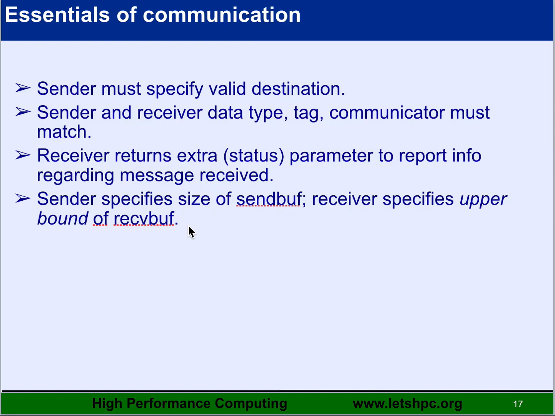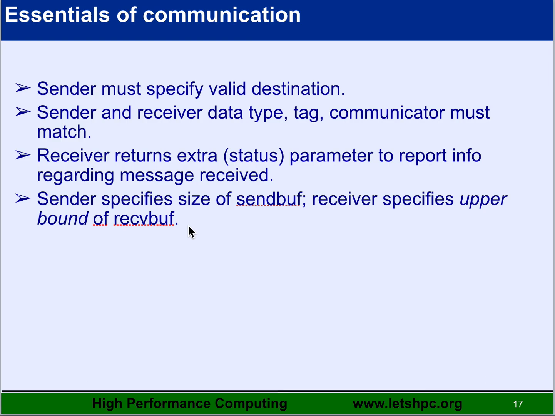Now, what are the essentials of communication? Sender must specify valid destination. Whenever you are giving a send call, we need to give a valid destination. Sender and receiver data type, tag, communicator must match. So both the processes need to be a part of the same communicator.